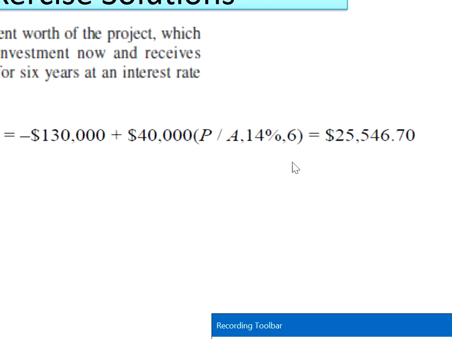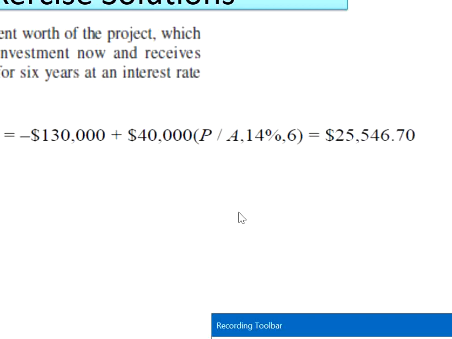So this is how we'll have our P. So you can see here, this is the present value of cash flows, this is the present value of all costs. So if you add them, it is 25,000. Since it is positive, right? So we should accept this project.